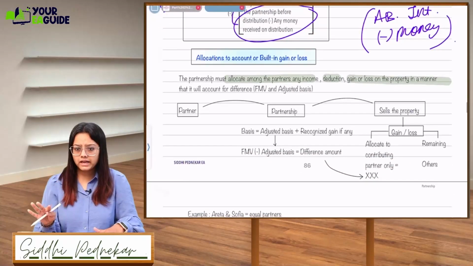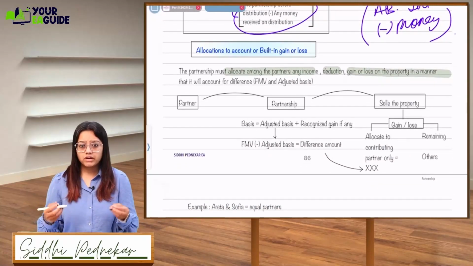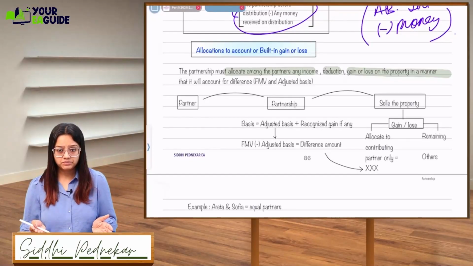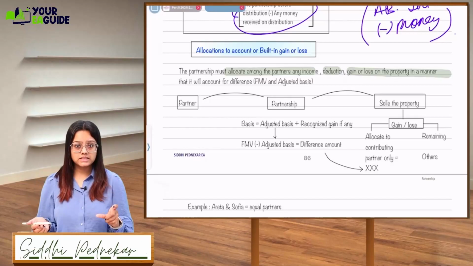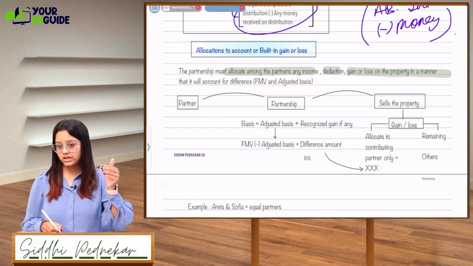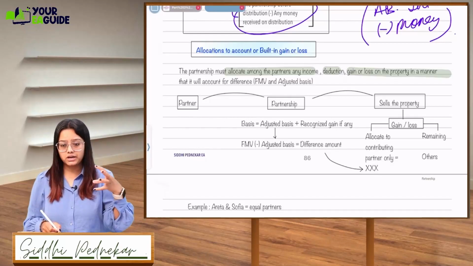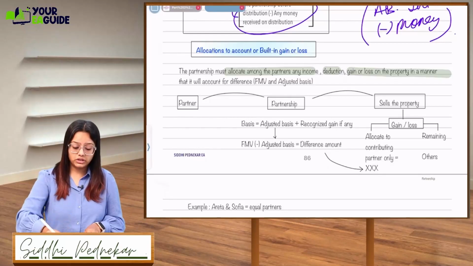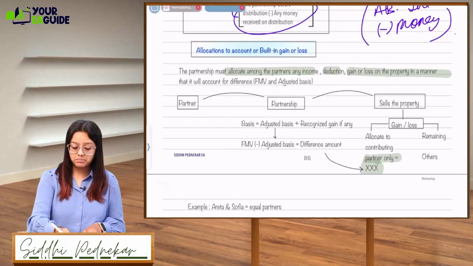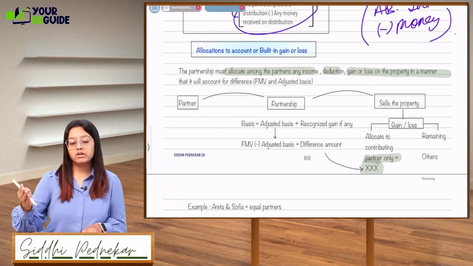This is any time when you sell the property, whatever gain or loss you are receiving, it has to be allocated amongst the partners. But here in this case, in built-in gain or loss, what will happen? What is the difference between FMV and the adjusted basis? That is your gain, or it can be your loss. Allocate to the contributing partner only up to a certain percentage. What is that percentage? We'll see that. And the remaining will be allocated to others.